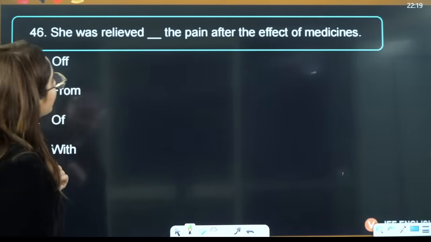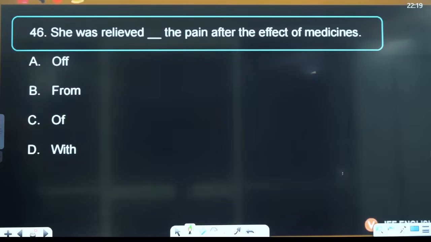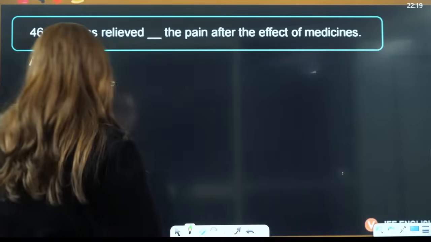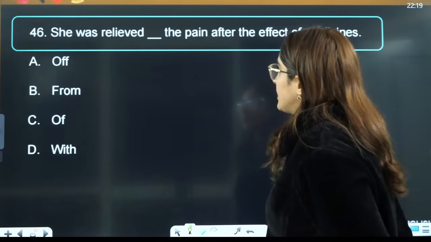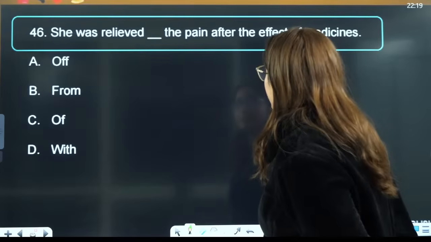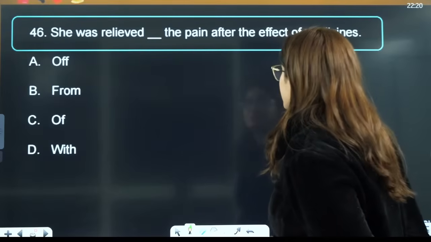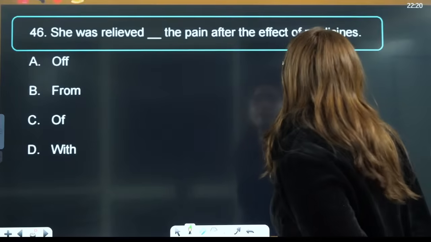She was relieved dash the pain. Yes, everybody, tell me. She was relieved with the pain, from the pain, after the effect of medicine.